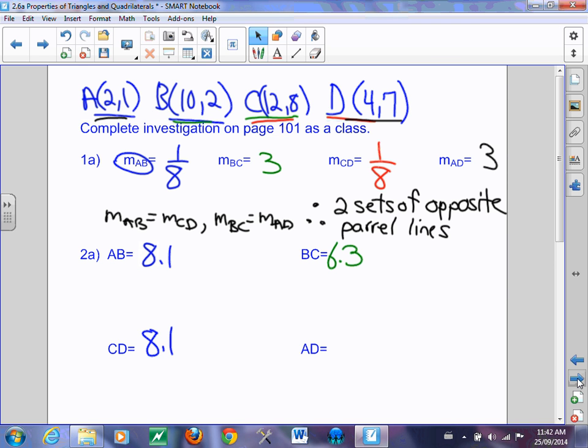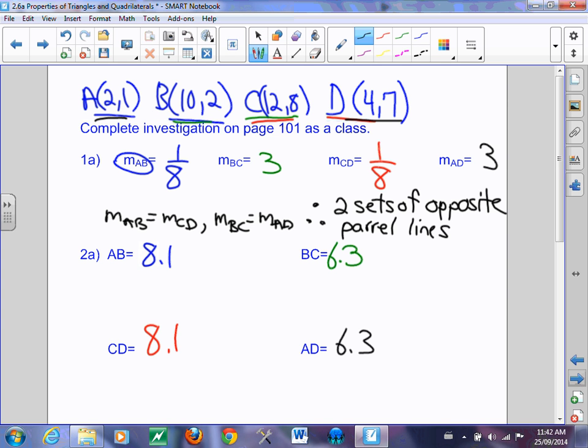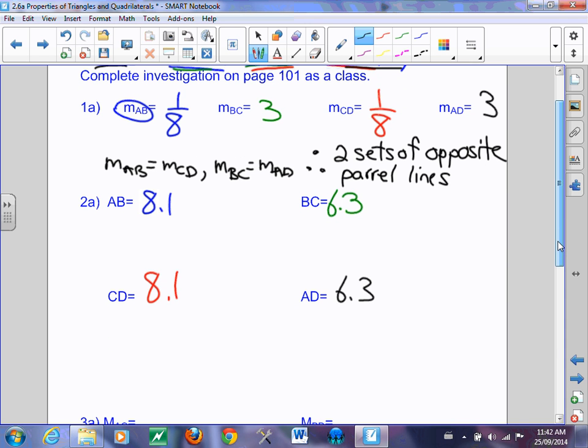And if you did the length formula for AD, I forgot to color code this nicely, let me fix that up. 8.1. And if you did AD, you would get 6.3. So what do we notice, folks? Again, we have a summary: AB equals CD, and BC equals AD.